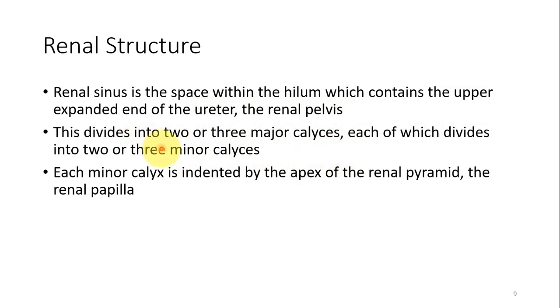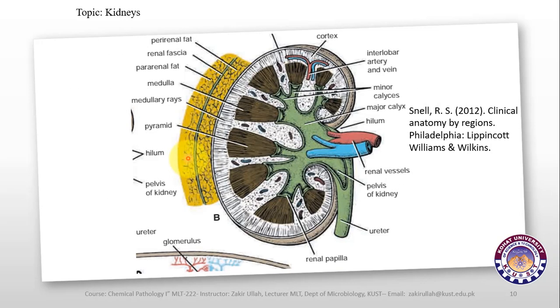This divides into 2 or 3 major calyces, each of which divides into 2 or 3 minor calyces. So if we look at these, these are 2 major calyces, and then it further divides into minor calyces. This one is a minor calyx, and this one is a major calyx, and the second one is another major calyx.